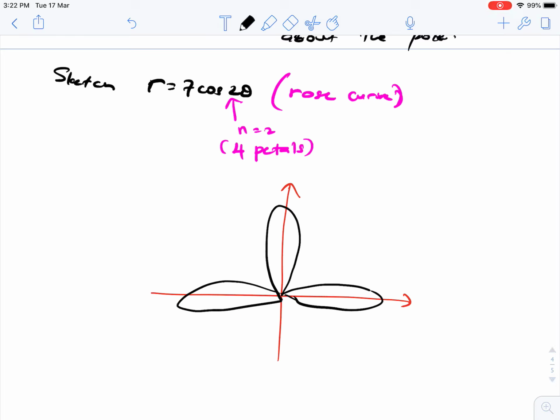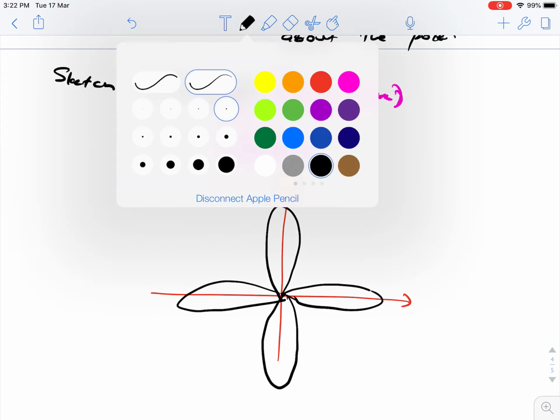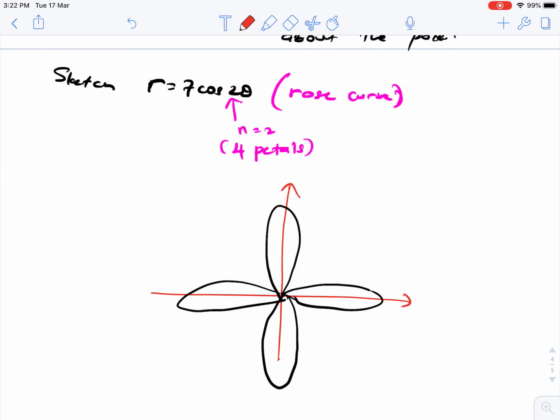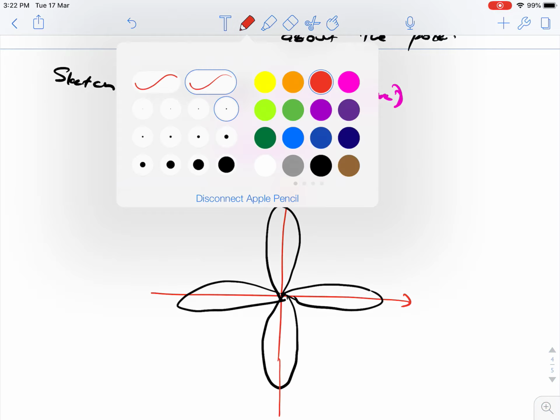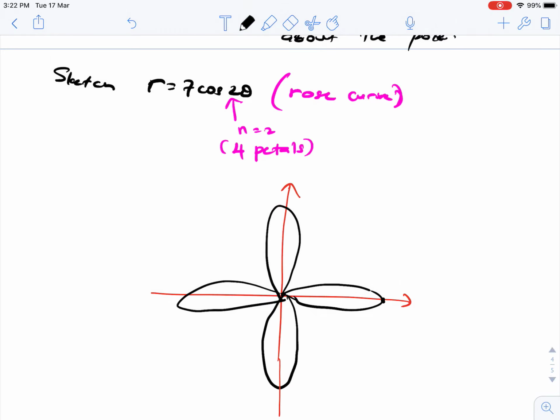One, two, three, 4. And the value here should be 7, 7, negative 7. Here is negative 7.